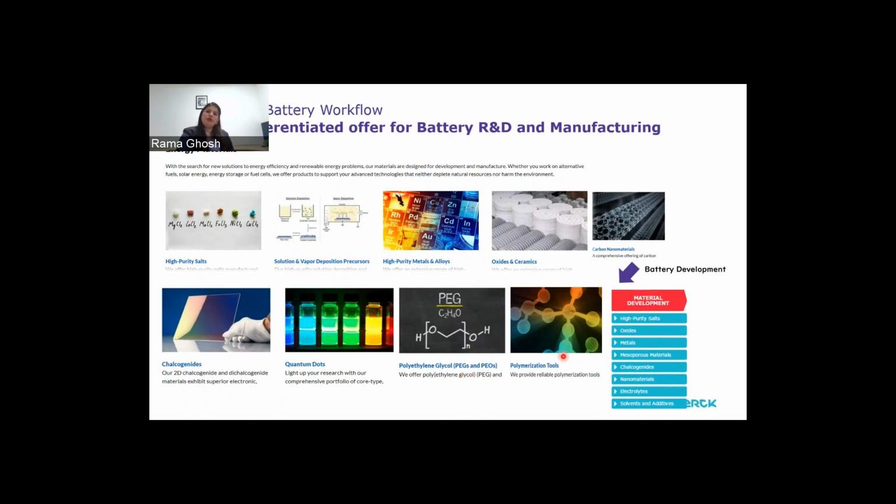When somebody is working on a polymer electrolyte, this is definitely an important tool, because in polymerizations a lot of people synthesize the polymer from monomers. So we are here to support you to build your own polymer. For that, monomers, crosslinkers, additives, and controlled radical reaction tools are also available.